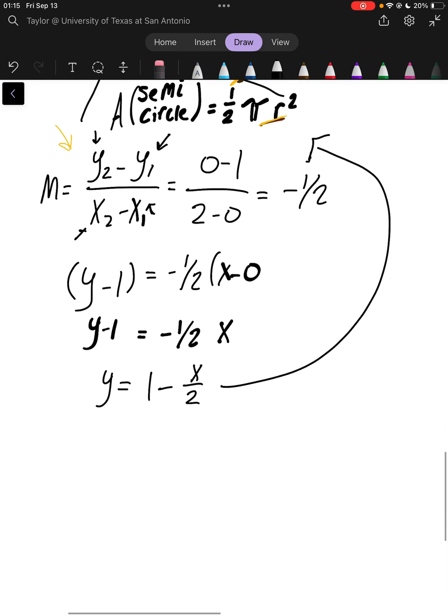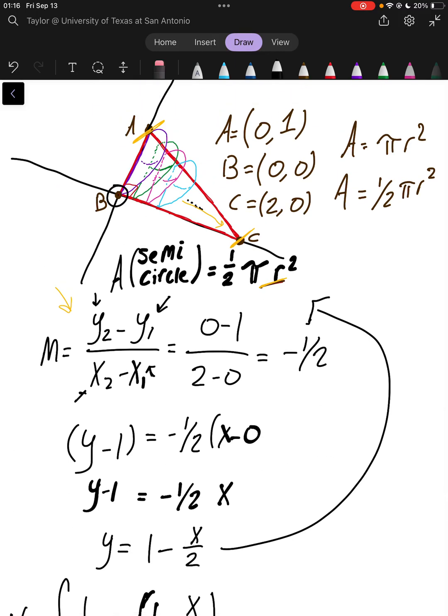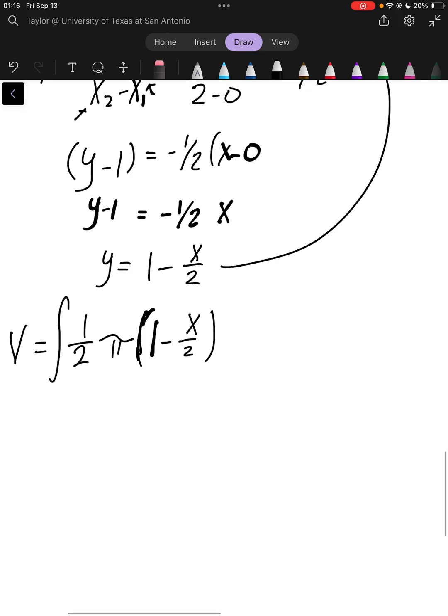we can go ahead and fill in our area formula, which would be 1 over 2 pi times (1 minus x over 2) squared. And if we want volume, we're going to integrate this on our bounds from 0 to 2, dx.